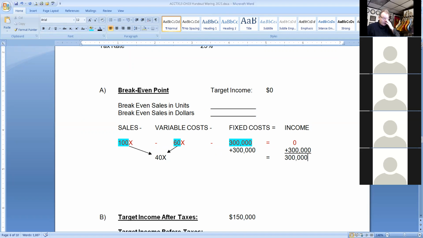They're exactly the same as we did before. Divide both sides by 40.